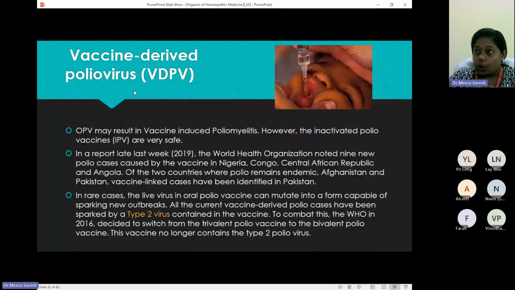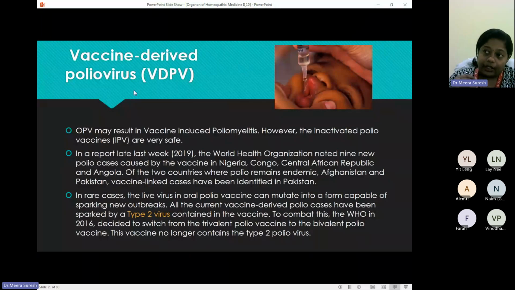Because of that, the WHO has always thought of stopping the usage of OPV, because though it seems very beneficial, it is resulting in vaccine derived polio.